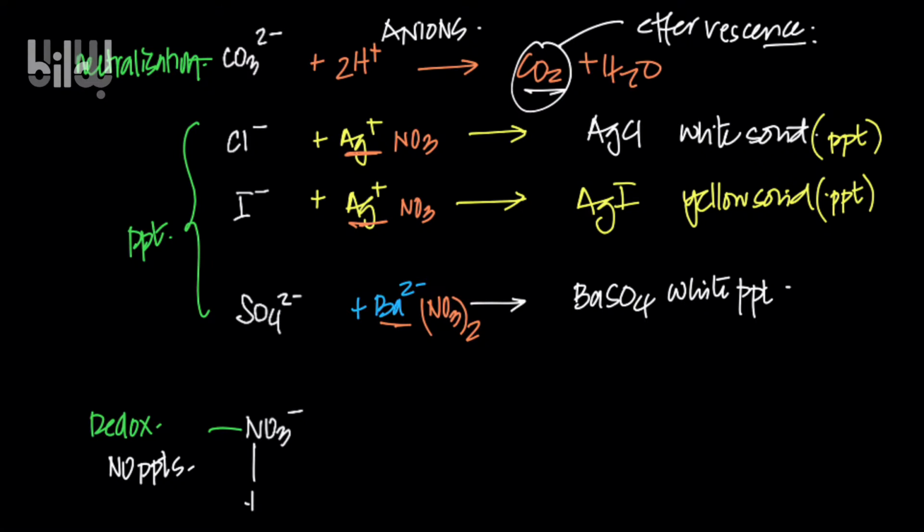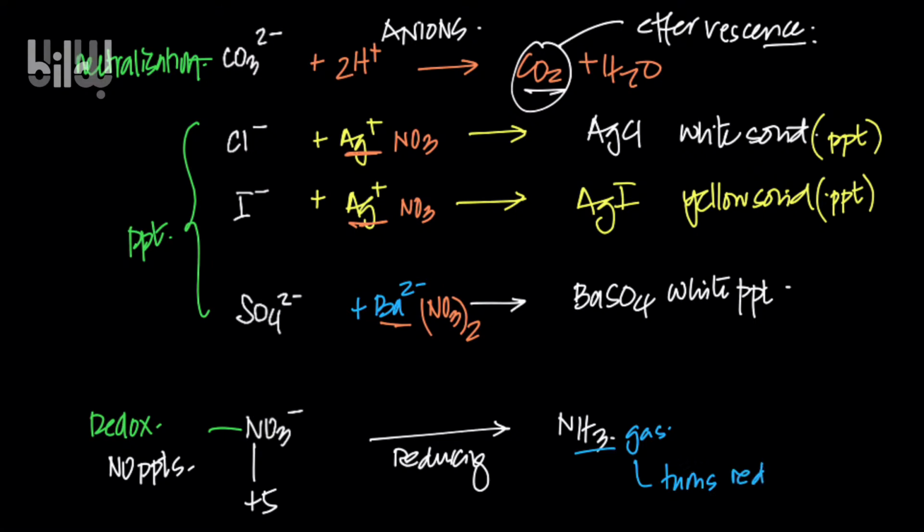And nitrate has a +5 oxidation state. We end up reducing it to ammonia, which is a gas which turns damp red litmus paper blue. Why? Because ammonia is alkaline.